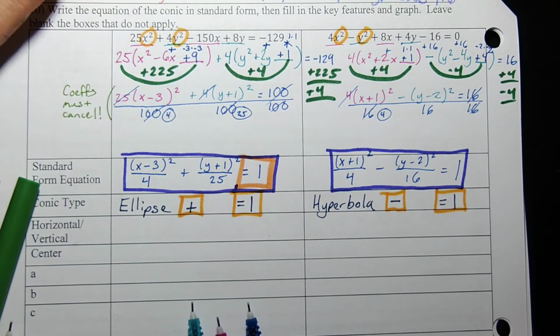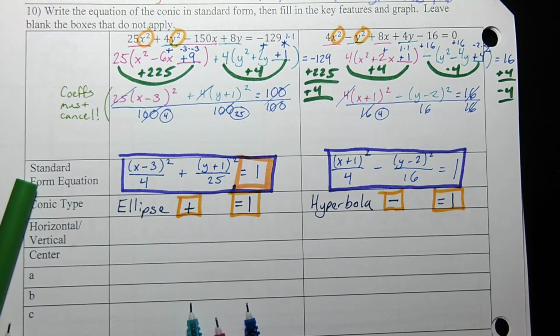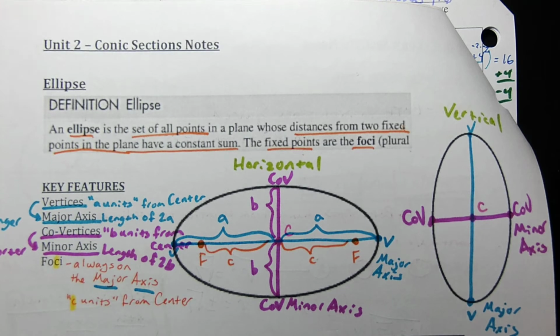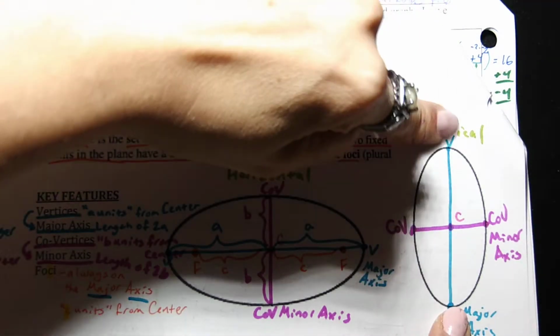Any other questions before we dive into the vocab? Maybe it would be good if we just peeked back in Unit 2 notes at a few things first. First, remember that for conic sections, ellipses and hyperbolas, we can have horizontal or vertical. Horizontal ellipse longer this way, vertical ellipse longer that way.